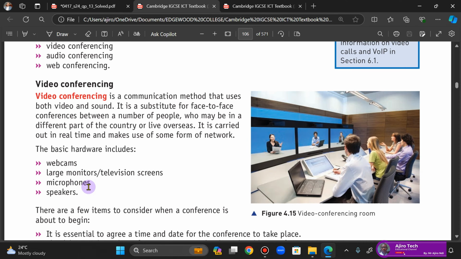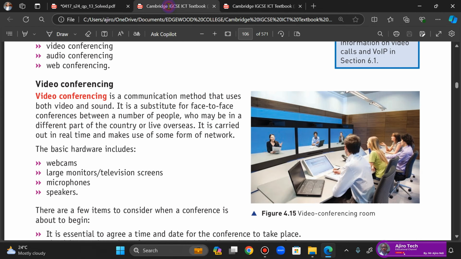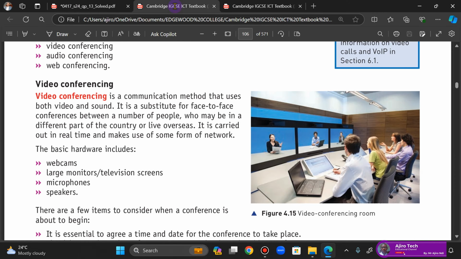Okay, now for your internet you need routers. Okay, so how many marks is this? 4 marks. So for hardware, I'm going to go with 3 hardwares and 1 software. Okay, so for hardware, we have monitors. Okay, monitor.